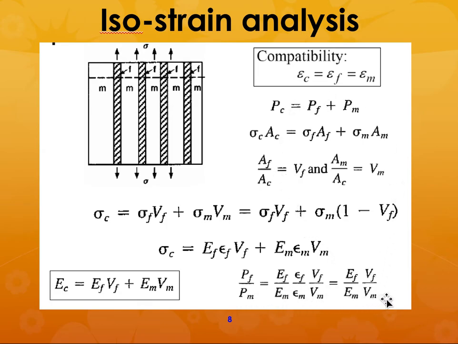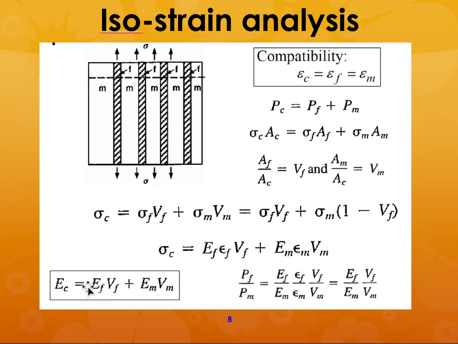What I want you to pay attention to is that the elastic stiffness of the composite is a weighted average: the elastic modulus of the fibers times the volume fraction of the fibers, plus the elastic modulus of the matrix times the volume fraction of the matrix.